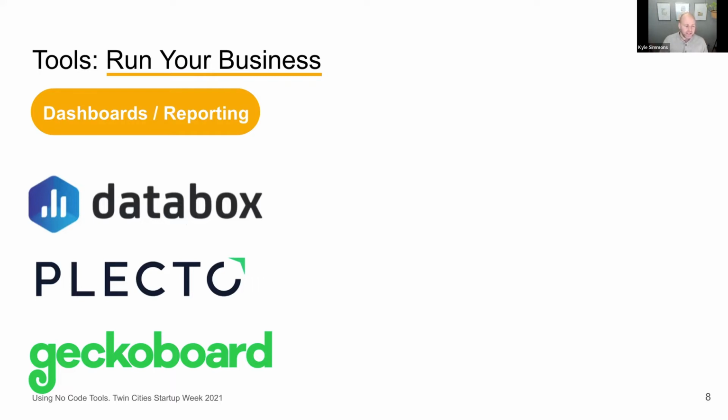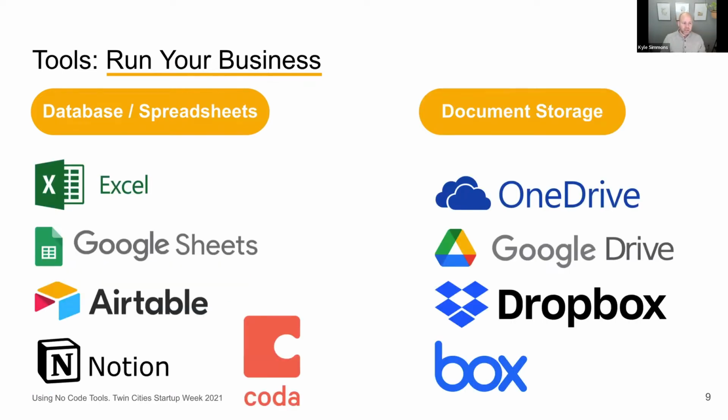So dashboards, these are three tools that can take your data and visualize it in a really nice way and hook up to a lot of these other tools. Databases and spreadsheets, we're all familiar with Excel, Google Sheets, Airtable we've been talking about today. Two others that are quite popular are Notion and Coda.